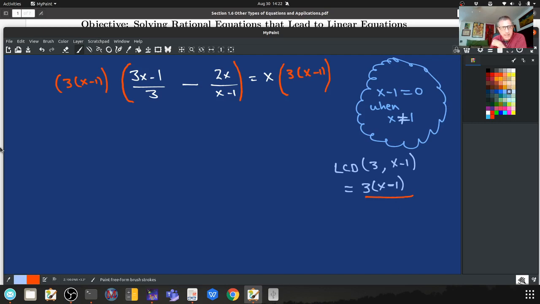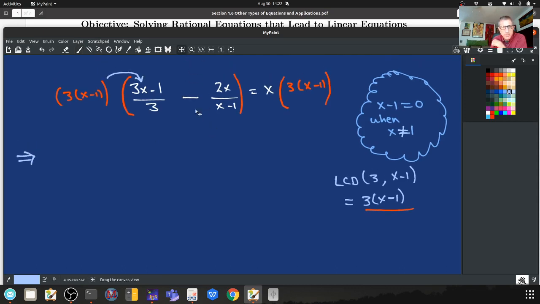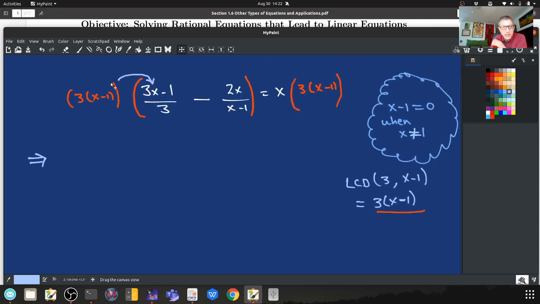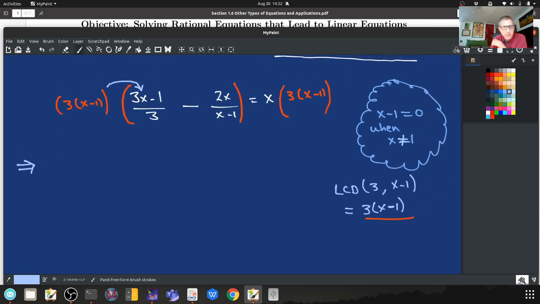So here we go. Let's simplify it. The simplification's really easy. We're just going to use distribution again, where we literally distribute our term on the outside to each of the inside terms. So 3 times x minus 1 divided by 3 is the same as x minus 1 times 3x minus 1.